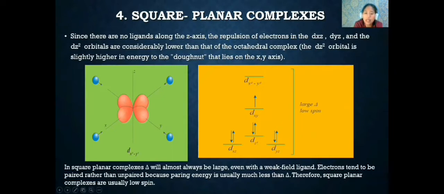So electrons tend to be paired rather than unpaired because pairing energy is usually much less than delta. Therefore, square planar complexes are usually low spin. So square planar complexes have a large delta and are usually low spin.